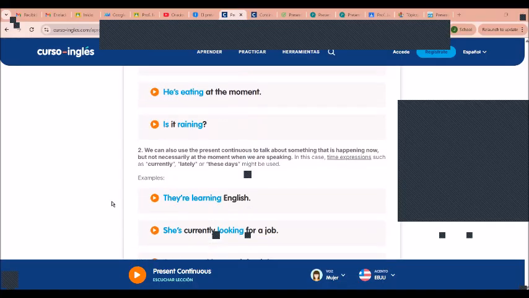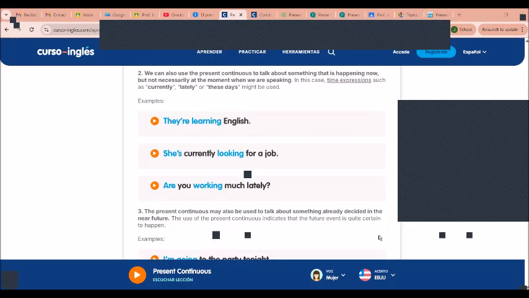Alexis, number two. We can also use the present continuous to talk about something that is happening now, but not necessarily at the moment when we are speaking.